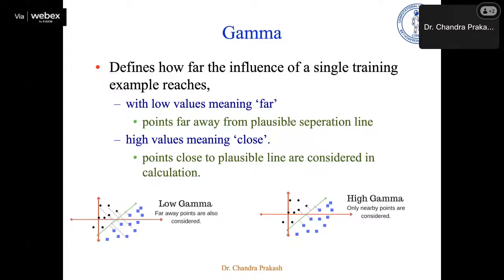It defines how far the influence of a single training example reaches. If I have a low value, then I am able to reach more space, and points far away from the separation line are still in its influence. If I have a high value, only points close to this line are considered in the calculation.